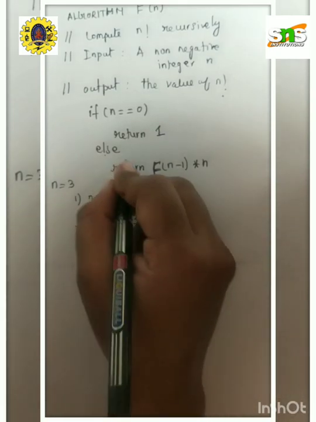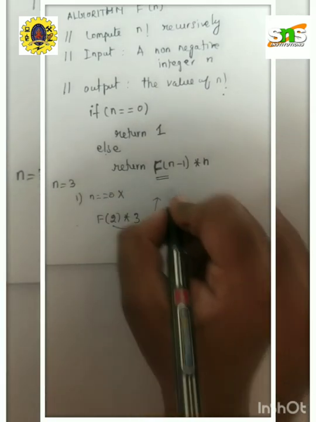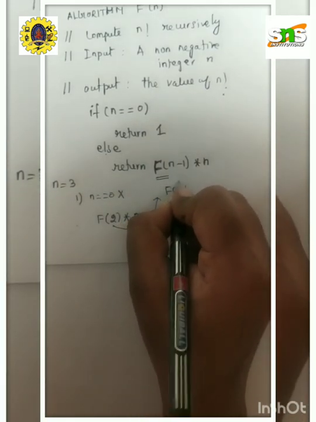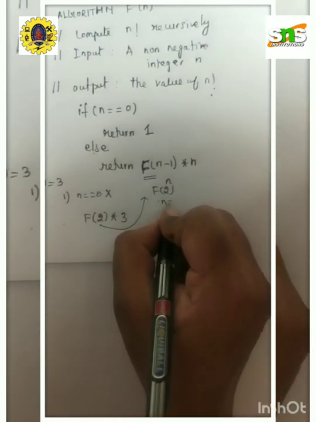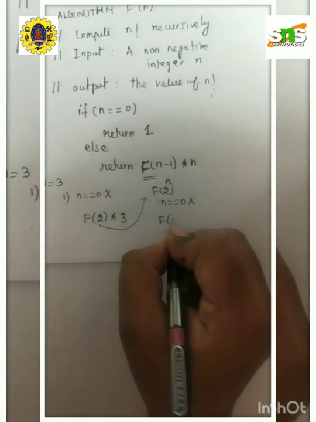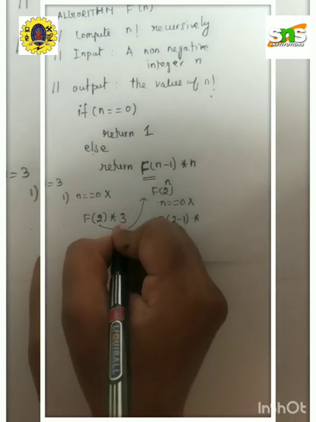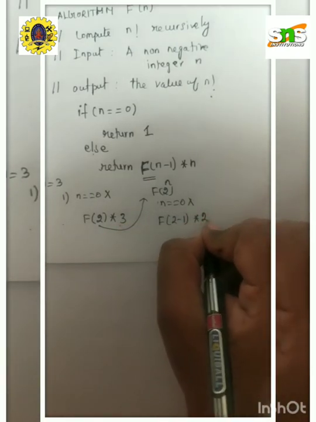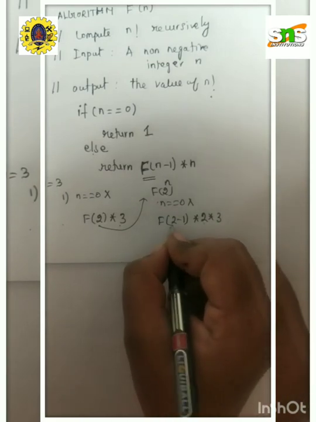In the second, it will call f of 2. Here the n value is 2. Again check n is equal to 0, condition false. Then else f of 2 minus 1 star 2, and already you have the 3, so 3 star 2 star f of 1.